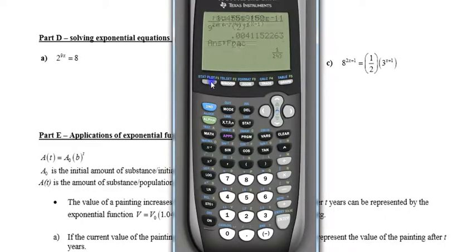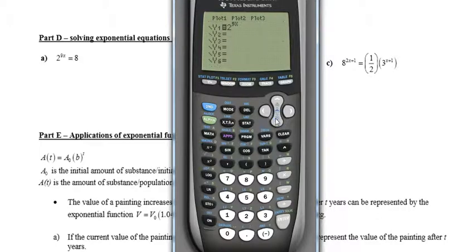Okay. Going to y equals. I'm just going to clear out everything that's here. Okay, y1 is 2 to the power of 9x. If you're on a calculator that doesn't show this, I would go 2 to the power bracket 9x bracket just to make sure that it's going to do that.